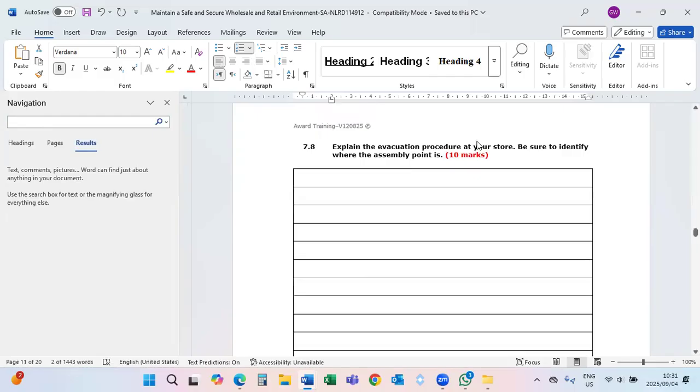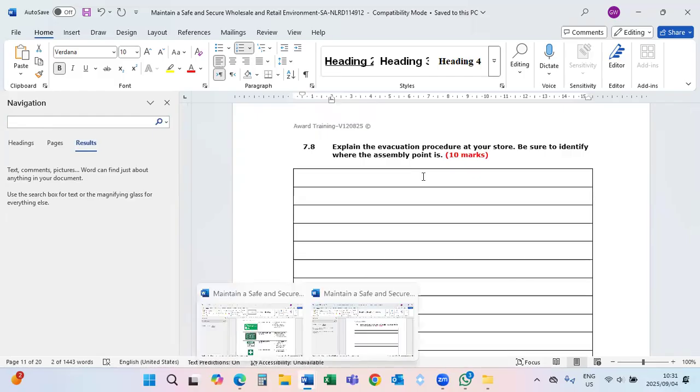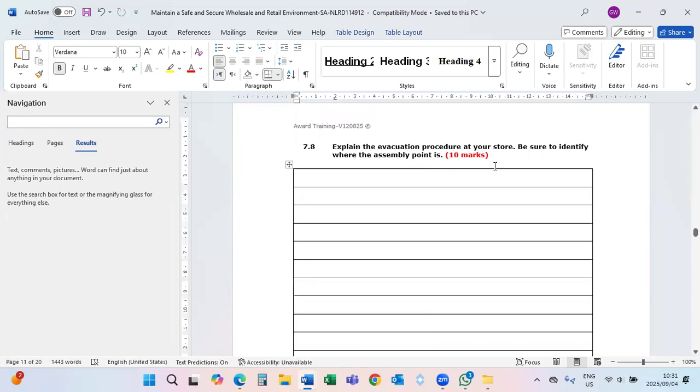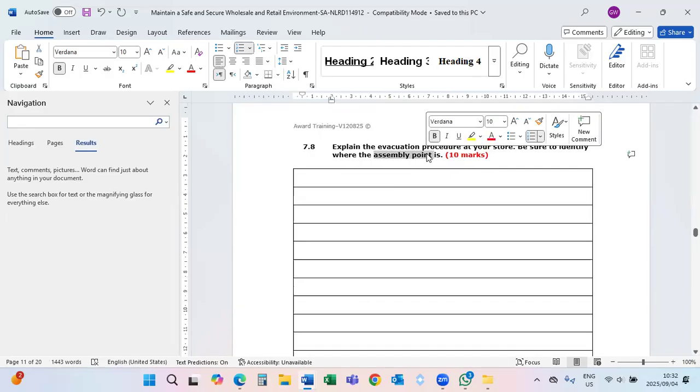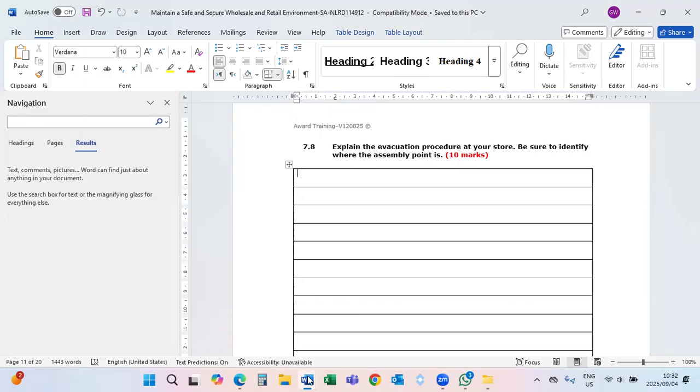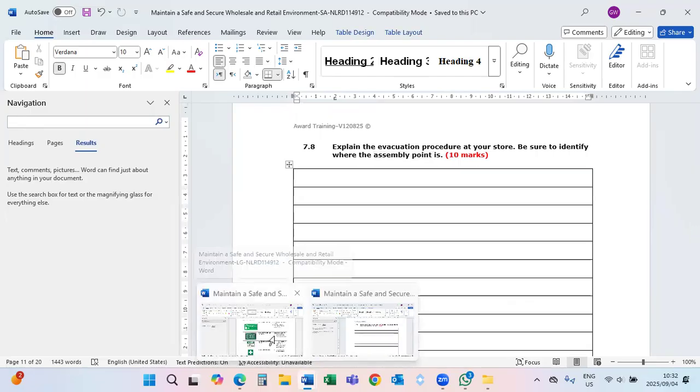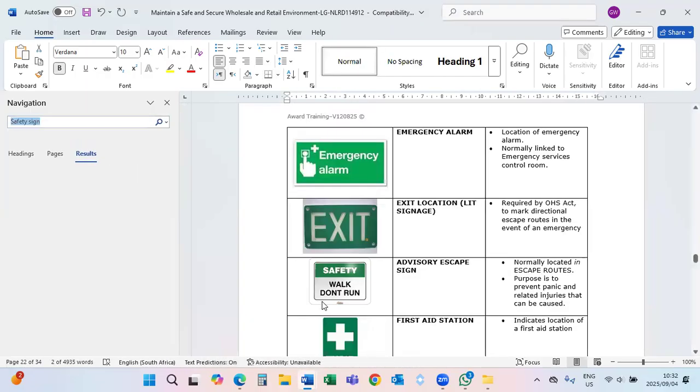Explain the evacuation procedure at your store. So let's see what your evacuation procedure is at your particular fuel retailer. And be sure to state where the assembly point is. Is it on the far side of the forecourt, on the right-hand side? Where is it? So what is the evacuation procedure at your store? Let's see what a standard operating evacuation procedure might be. Let's see.